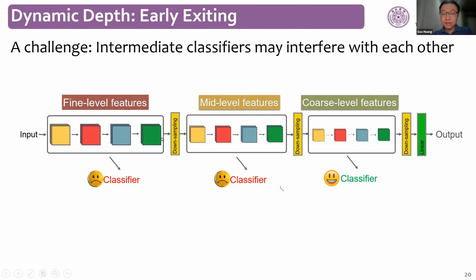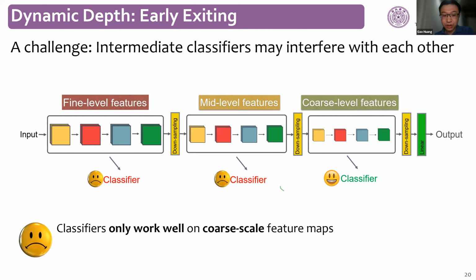So before the downsampling layers, the receptive field is relatively small, and if we attach a classifier to those features, the classification performance is usually poor. So only the classifiers attached to the coarse level features can get a decent performance. This is a challenge here.